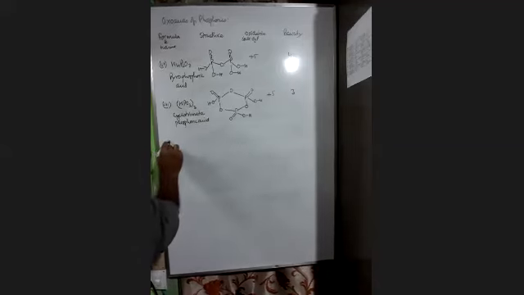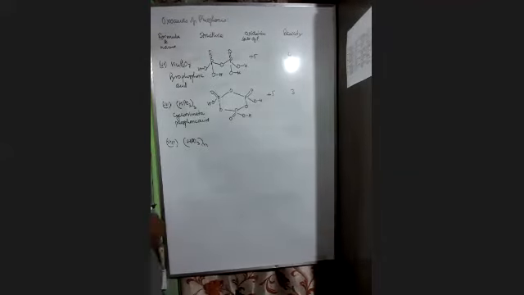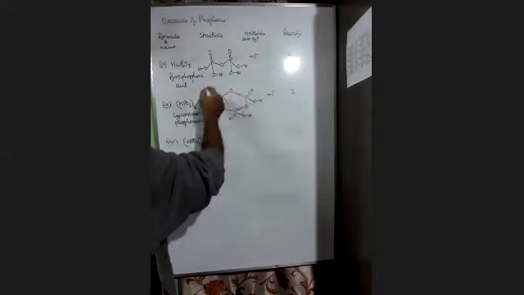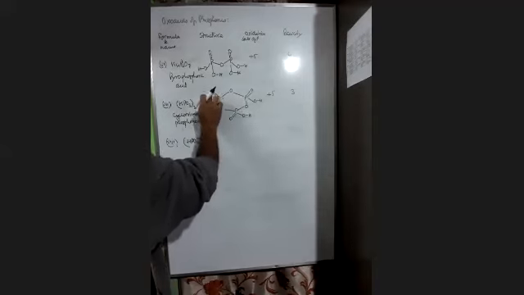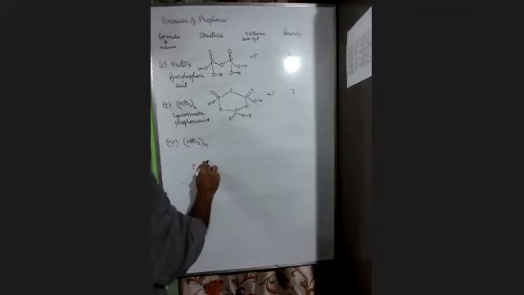Okay, now HPO3 n. So it is a long polymer. See here, the unit is this one. HPO3, 1, 2, 3. So I'm going to draw the structure. n is there.